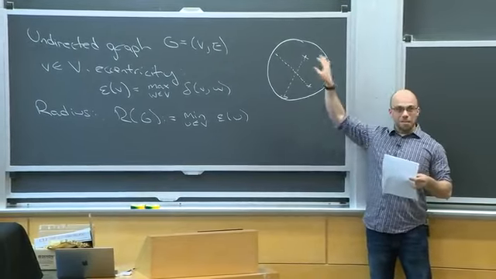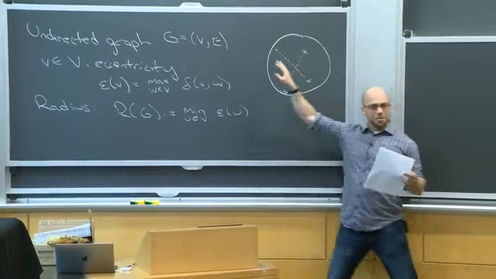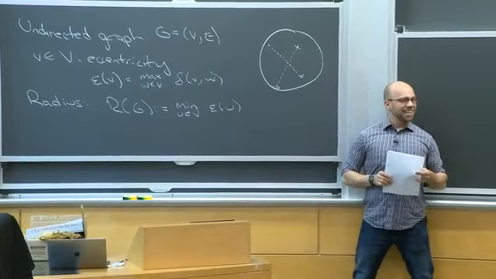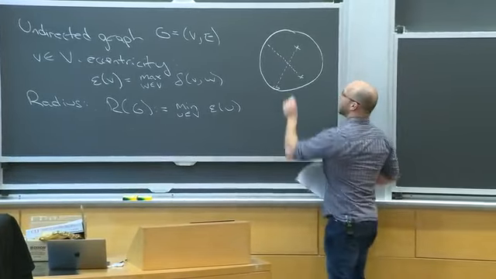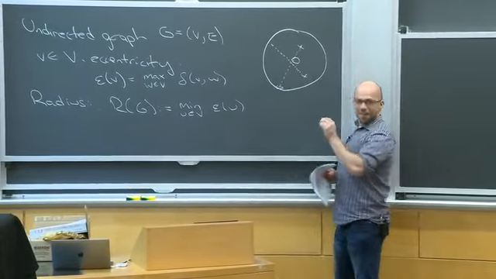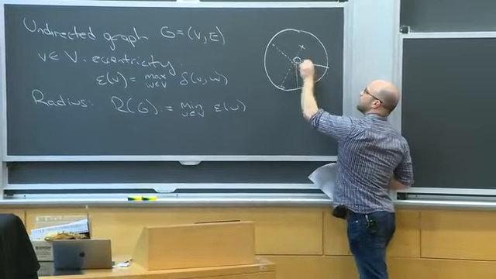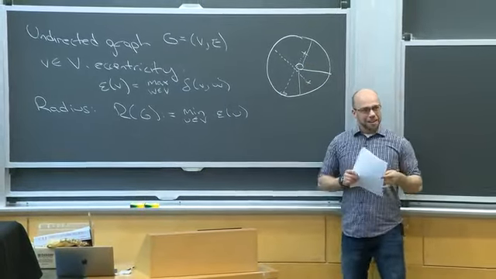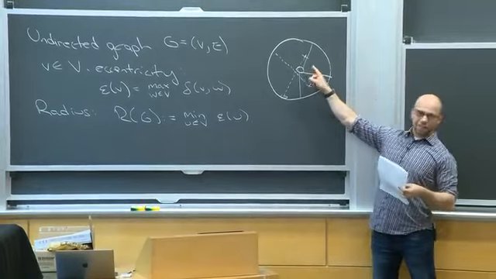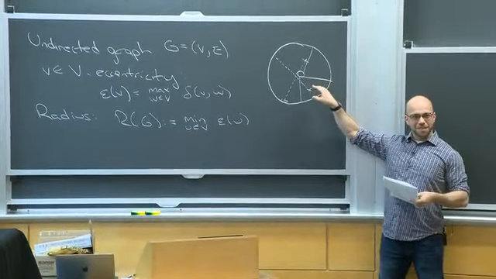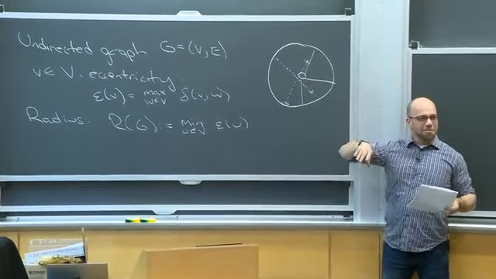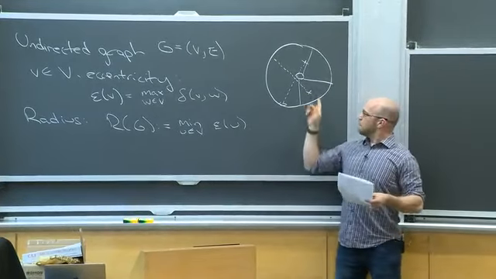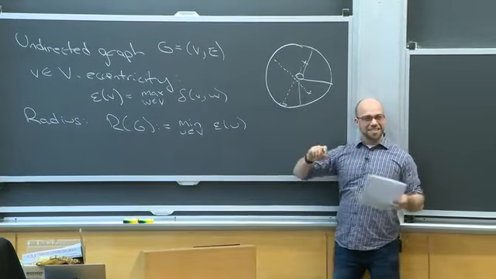If I take the minimum of that positive number, where do you think I end up? The center of the circle. That's right, Jason. I end up in the center of the circle, because the distance to the farthest away point is, as you can convince yourself, as small as possible there. This is what we might call a minimax problem in optimization, because we are minimizing the maximum distance.